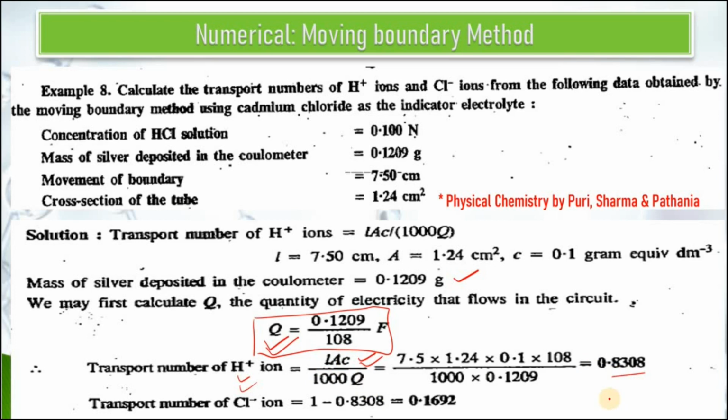It comes out to be 0.8308. Since it is the ratio of charges or electricities, it has no unit. Final thing, the transport number of chloride ion, obtained by subtracting the transport number of hydrogen ions from 1, comes as 0.1692. If we sum up these two, it will come as 1.